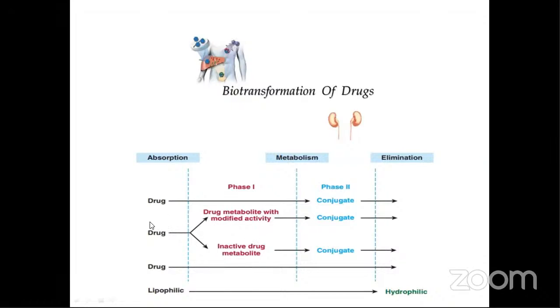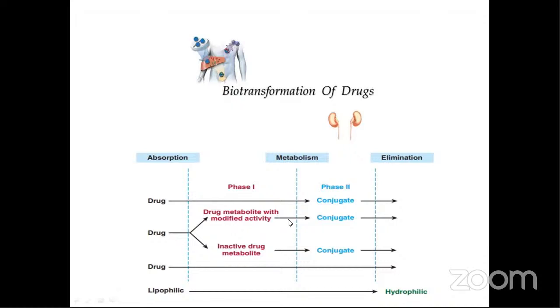First of all, the drug will give a suitable activity. Suppose an anti-epileptic drug or anti-tubercular drug, the drug should have some particular activity. After metabolism, it will give metabolic products that may be biologically active, may have a different biological activity, or may be inactive.